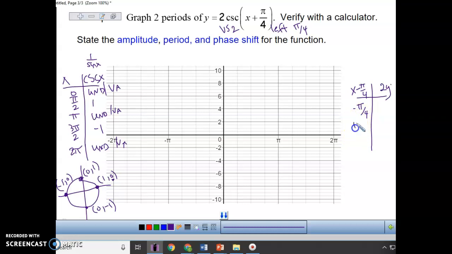Pi over 2 minus pi over 4 is still positive pi over 4. 3 pi over 2, it's the same thing as 6 pi over 4 minus pi over 4, which is 5 pi over 4. And then 2 pi is 8 pi over 4, so that'll become 7 pi over 4.